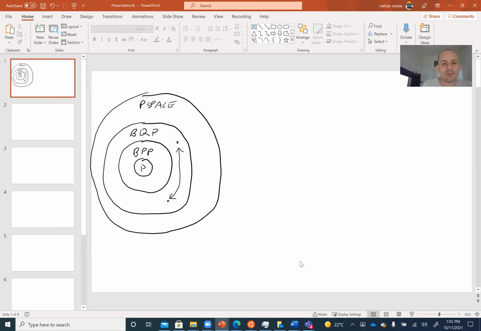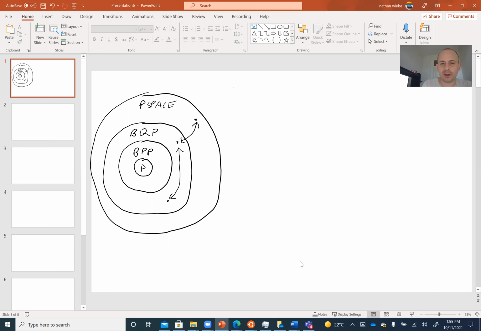Okay, but if we look at mapping a problem in BQP to a problem outside in p-space, the difference between these two problems could be potentially exponential. So this allows us to get an idea of the qualitative differences in the cost of solving particular problems on classical or quantum computers.